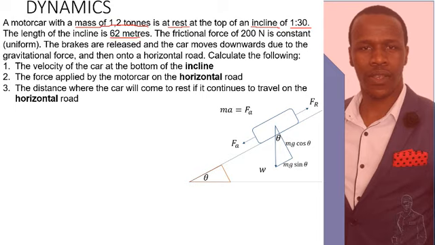Then we have the frictional force, that is Fr, and we know it's constant. When they say it's constant, that means it's the same for the incline just as for the horizontal plane. We are using the same, that is why they have that word uniform. Then they say that the brakes are released and the car moves downwards.